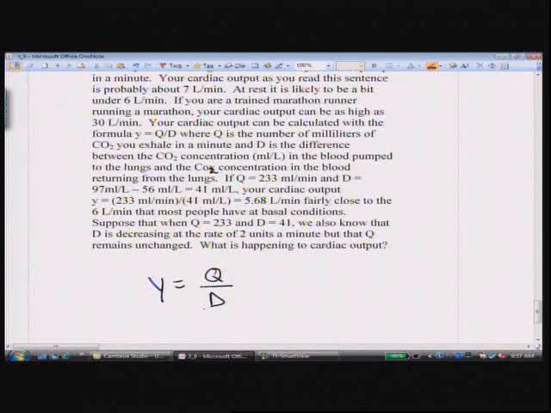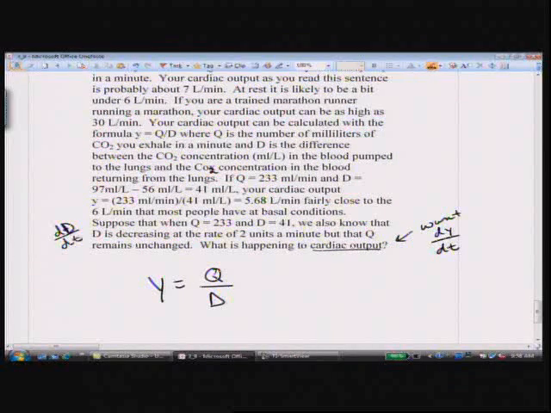That's Y. And they're asking for what's happening to the cardiac output. Okay? So they want dy/dt. They gave you dD/dt.